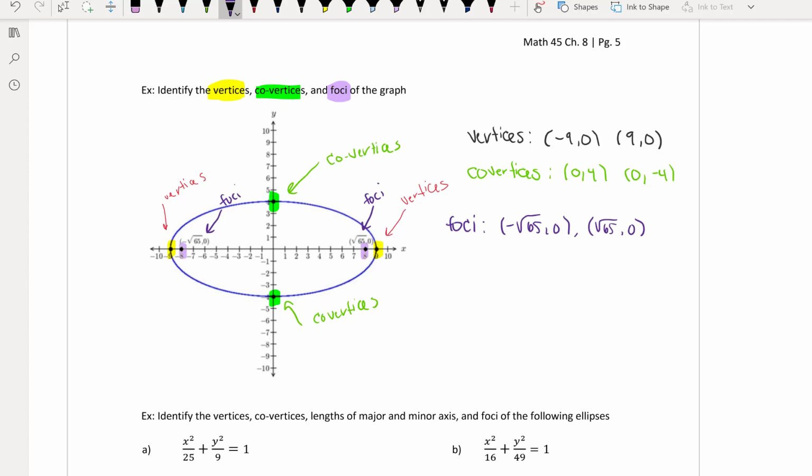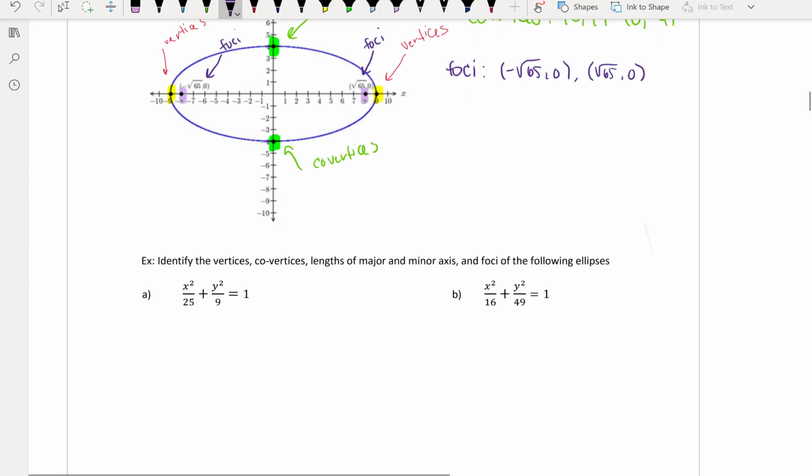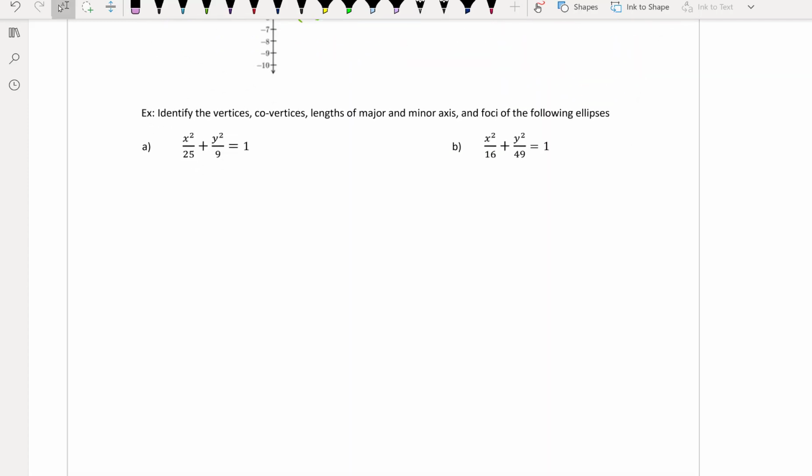Okay, so the next thing that we want is sometimes you're not going to be given the equation from a graph. You're just going to be given it to you as a formula. Okay. So we want to identify the vertices, co-vertices, lengths of major and minor axes, and the foci of the following ellipses, okay? So let's do it for part A for sure.